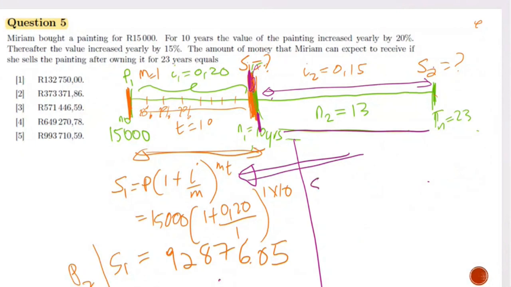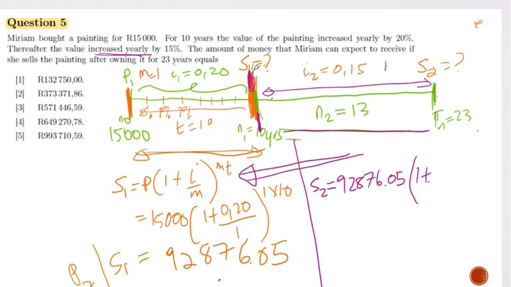So your S2 is going to be equal to 92,876.05 into 1 plus, and here the second time, you are told it is increased yearly, so it is also compounding. M is equal to 1.